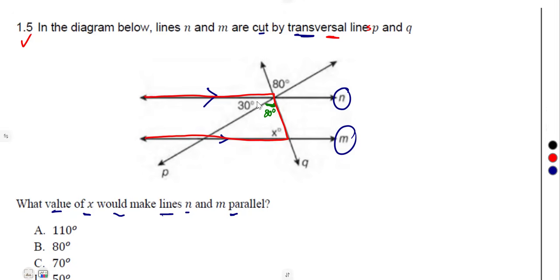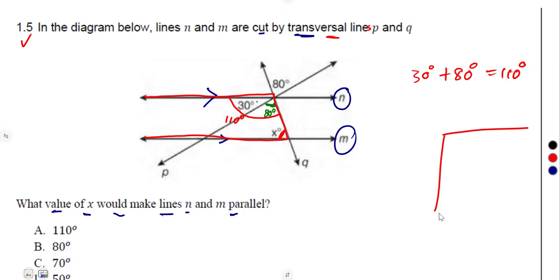The 30-degree and the 80 degrees together. So if we add 30 and 80 together, we combine this to give us a single angle. It is going to be 110 degrees. If we add 30 and 80, that's 110 degrees. Okay, so thus we can find this angle x.